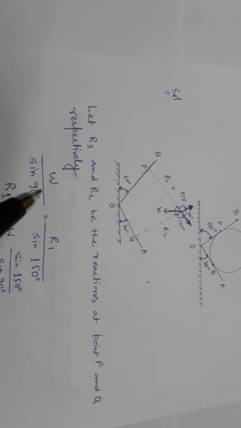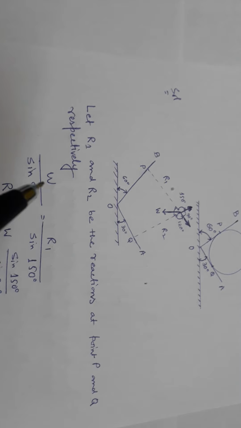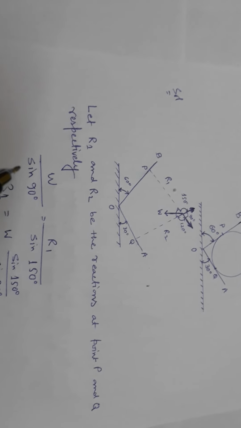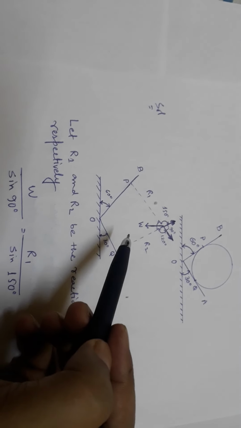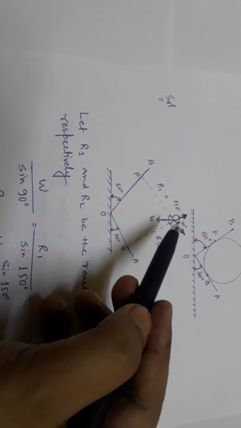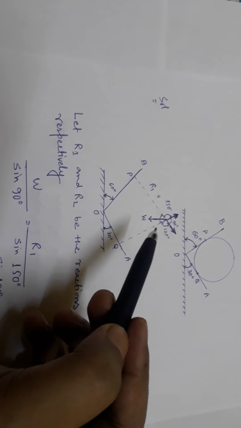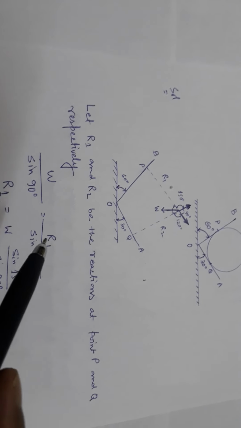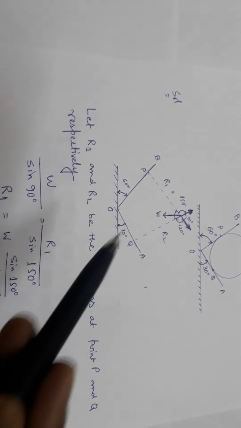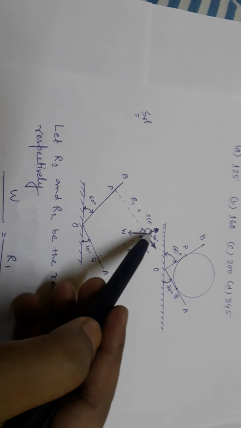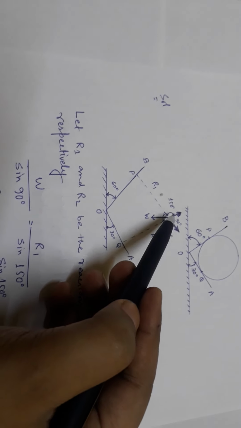From this free body diagram we can easily write, from Lami's theorem, W by sine 90 equals R1 by the sine of the opposite angle, that is 150.